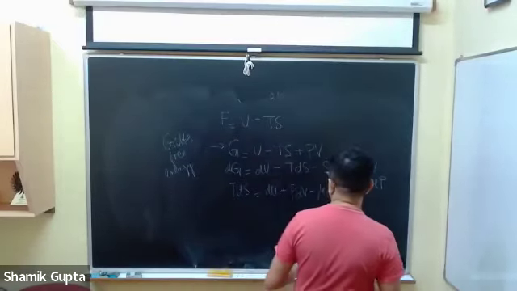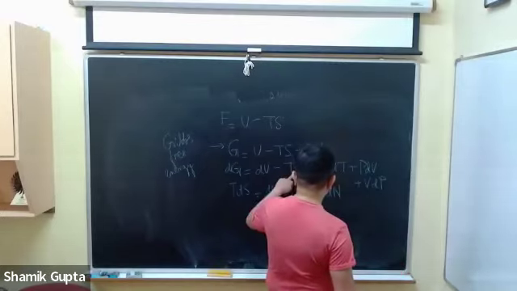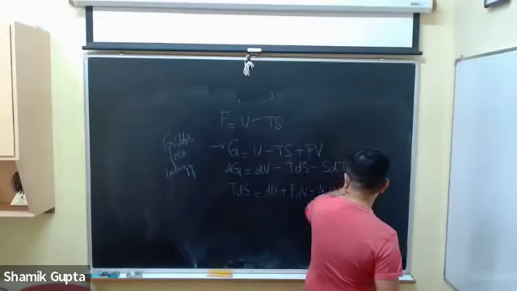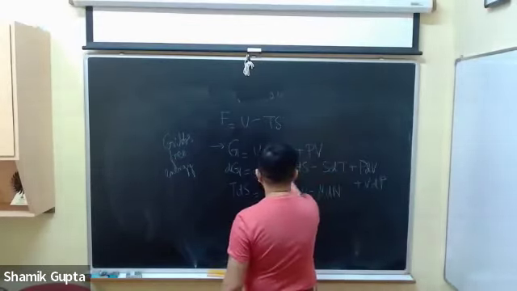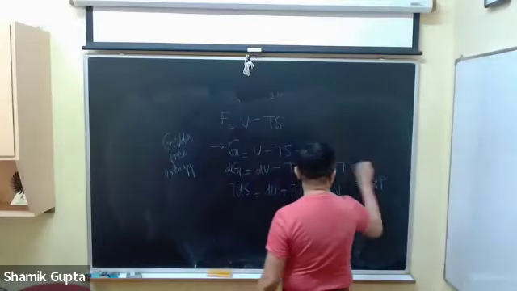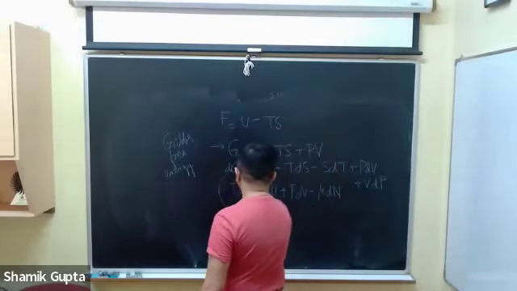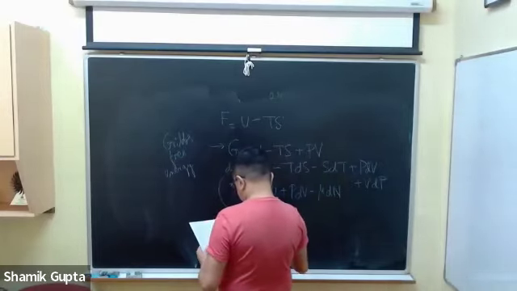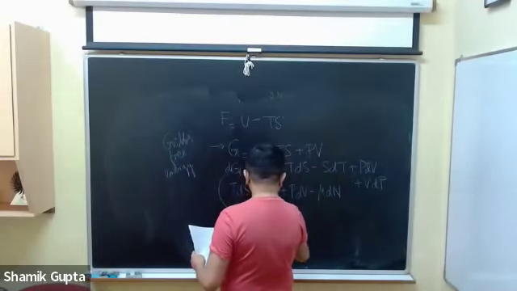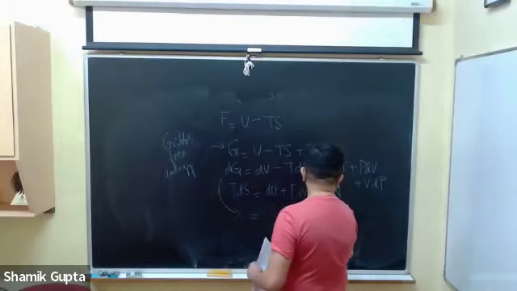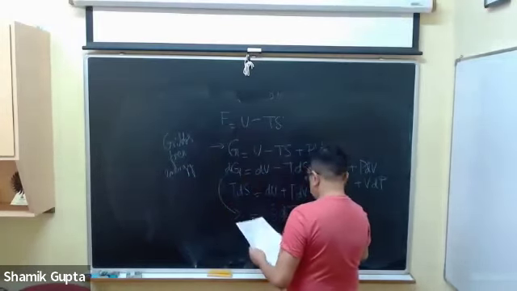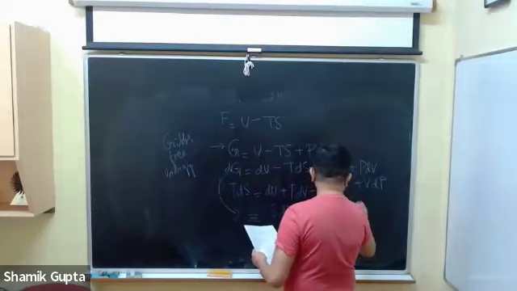So therefore, dU minus TdS plus PdV will give me minus SdT plus VdP plus mu dN.